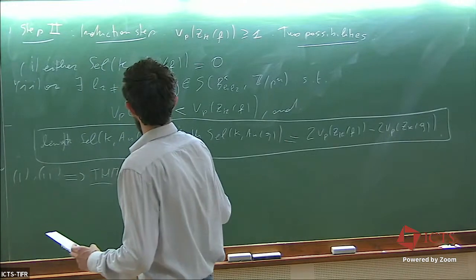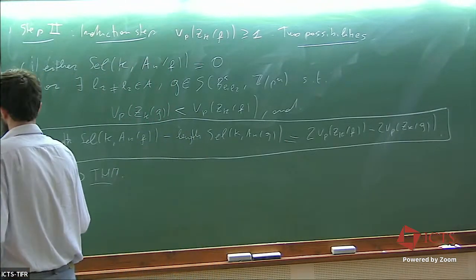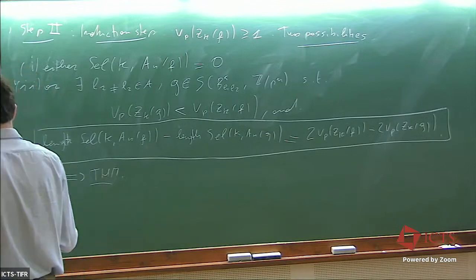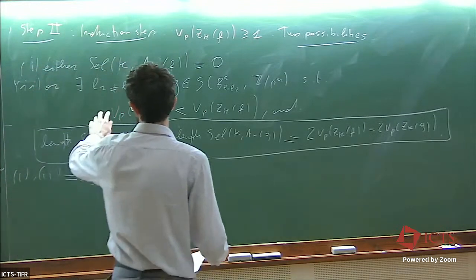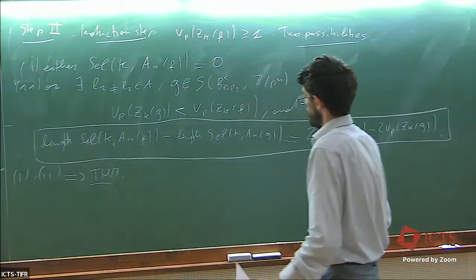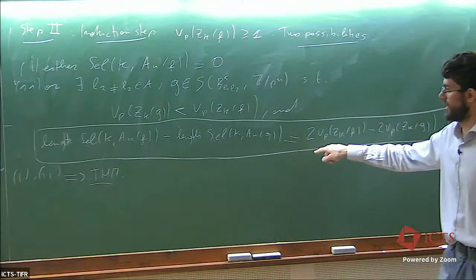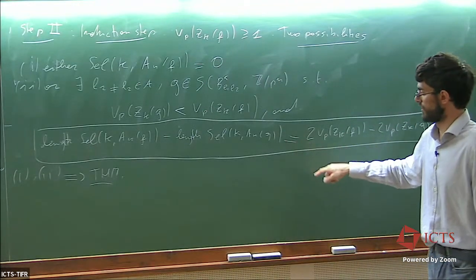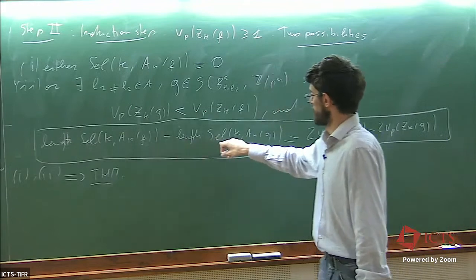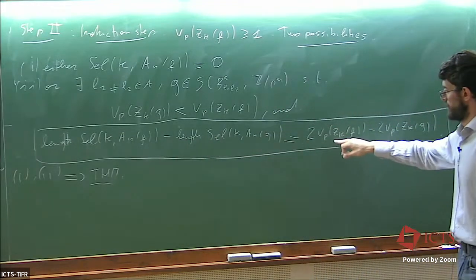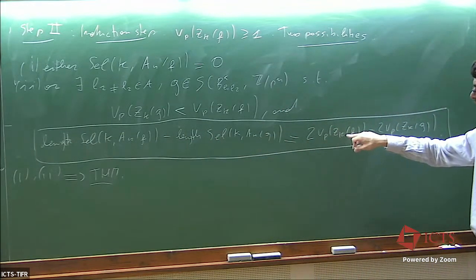So maybe let me explain in the last 5 minutes or maybe a bit more why you prove this. And the important thing is that if you see this, perhaps you may imagine that you could try to prove the equality, because the difference of lengths of Selmer groups really matches the difference of valuations of the algebraic parts of the special values.